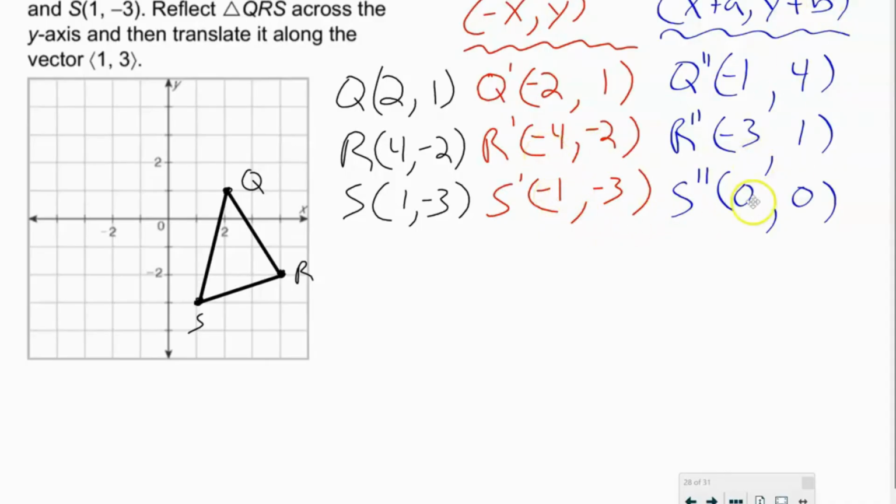And -1 plus 1 is 0. All right, and on the y part here, we're going to add 3. So 1 plus 3 is 4. -2 plus 3 is +1. And -3 plus 3 is 0.